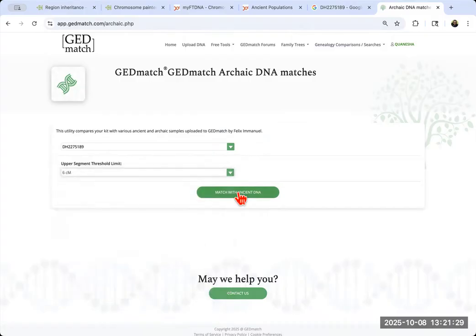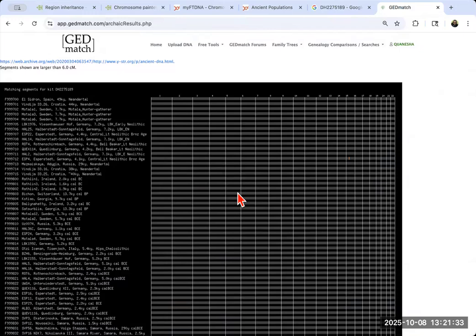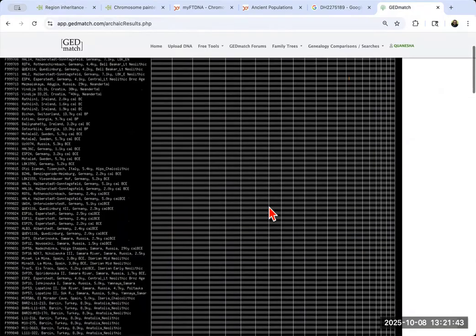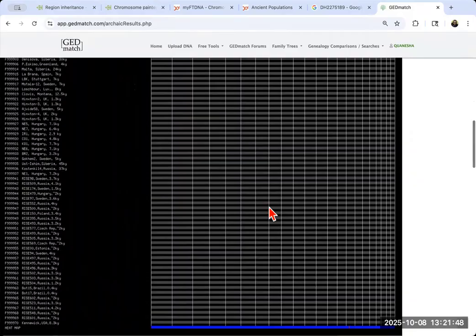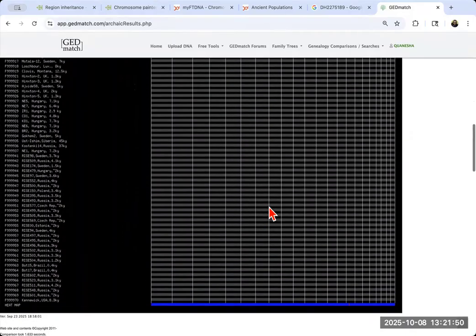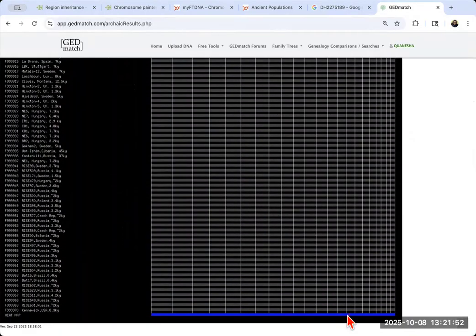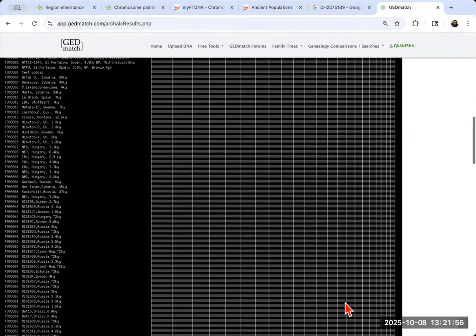Clicking on the 6 centimorgan DNA threshold, and again, this is that same 22 pairs of chromosomes that we're looking at. And when we look at 6, out of all this stuff listed, we only see one mark. Well, we see 2, but that's the heat map index. We only see one mark.